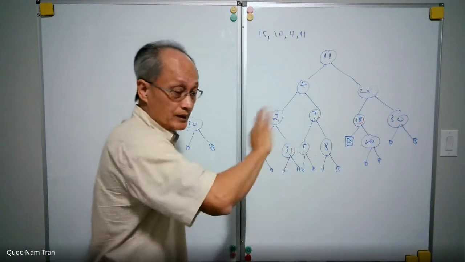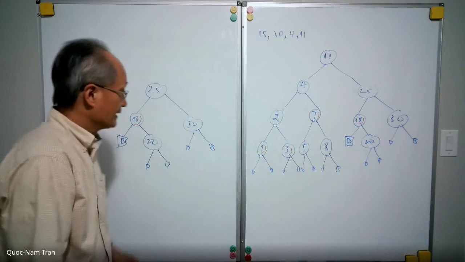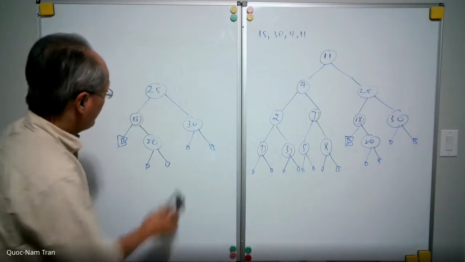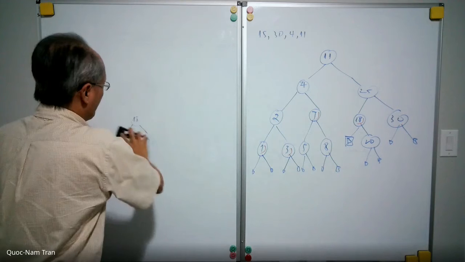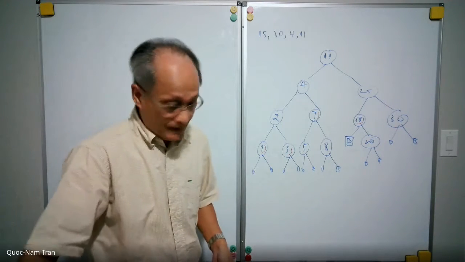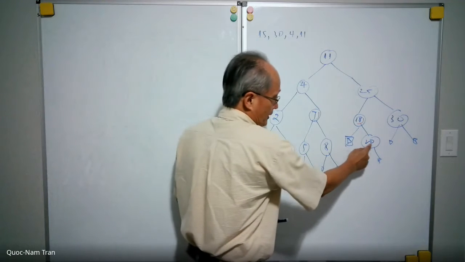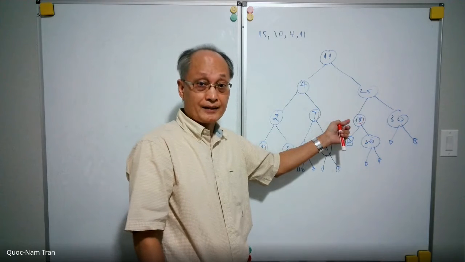So when we rotate, the sibling now is black. Okay. Now, when the sibling is black, we will check the parent, right?